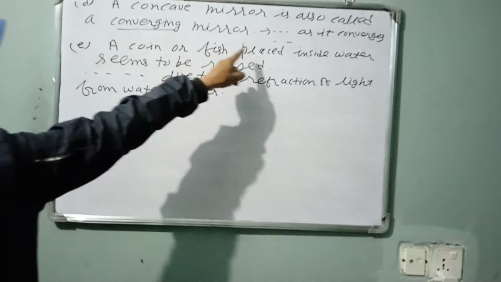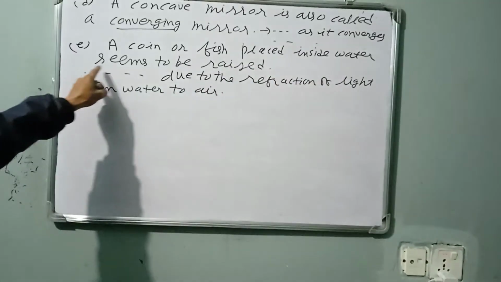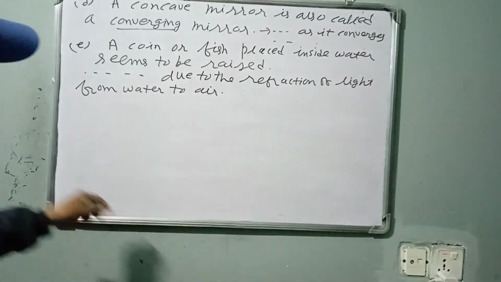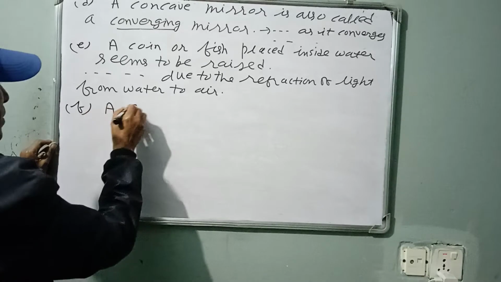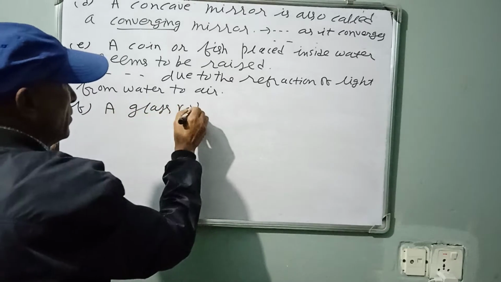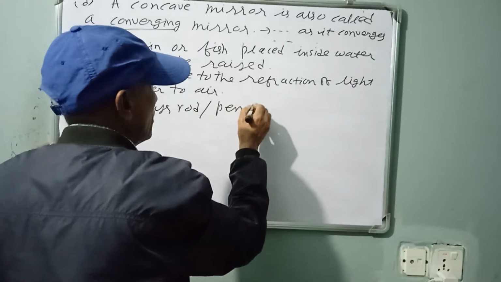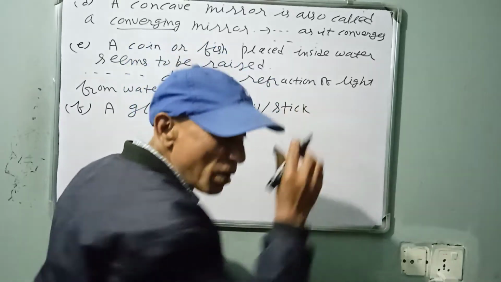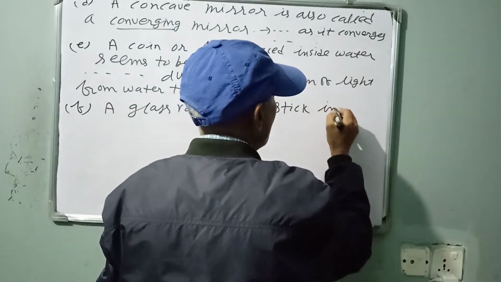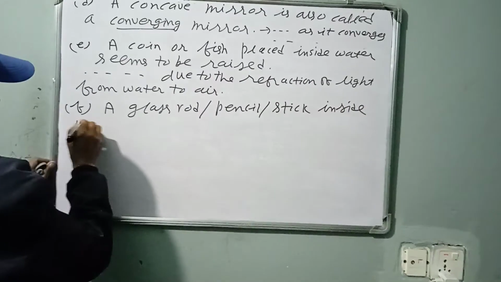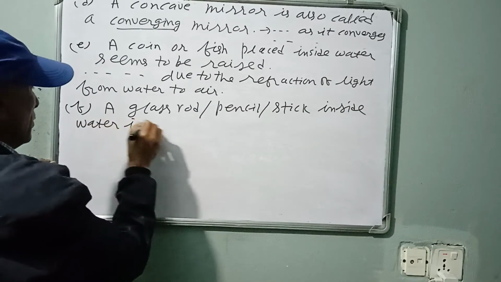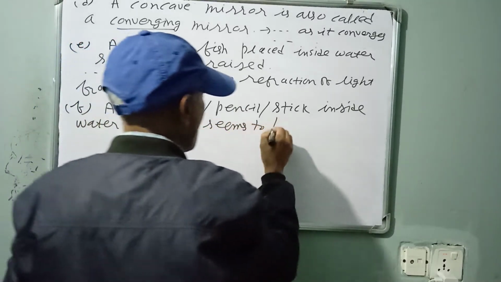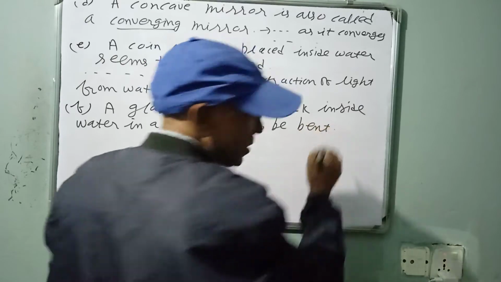A coin or fish placed inside water seems to be raised due to the refraction of light from water to air. A glass rod, pencil, or stick, a small stick inside water in a glass seems to be bent, not raised, seems to be bent.